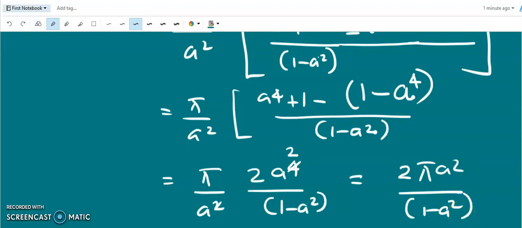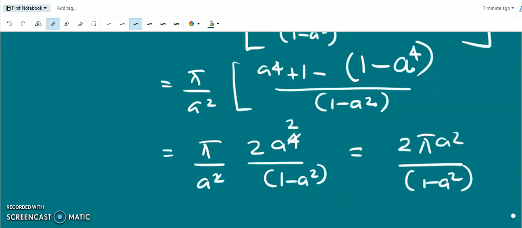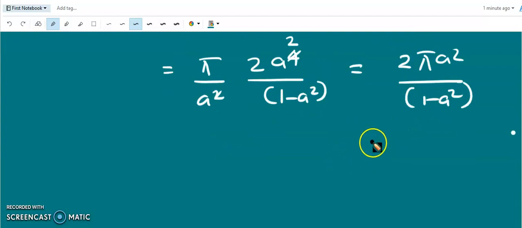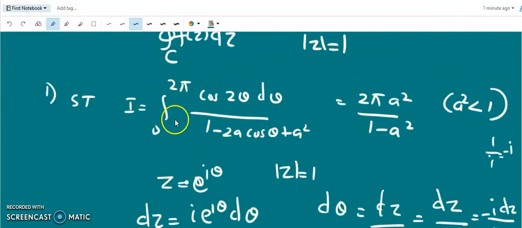So this is nothing but the RHS. So we have proved that LHS is equal to RHS. That is, we have shown that integral 0 to 2 pi cos 2 theta d theta divided by 1 minus 2a cos theta plus a square is equal to 2 pi a square divided by 1 minus a square, provided a square is less than 1.